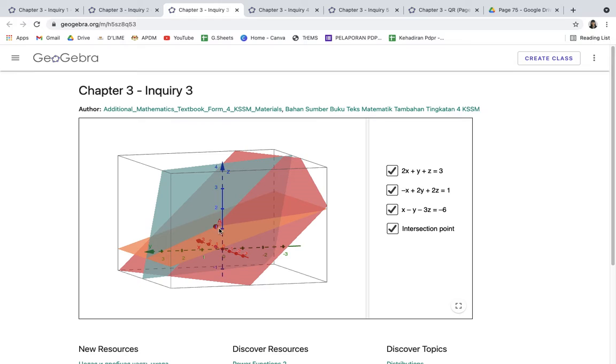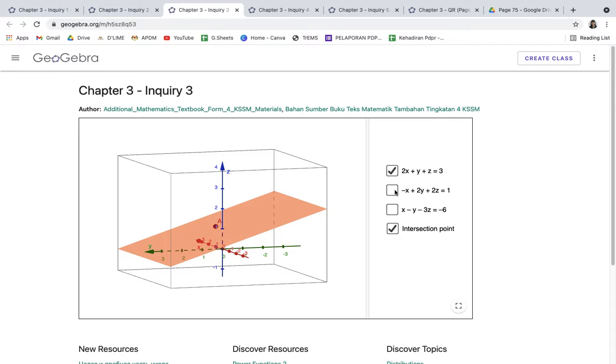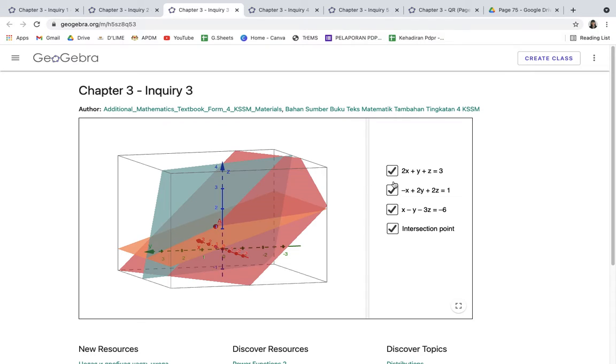So you see the point A, they intersect at this place. These 3 planes intersect at this place. Okay, for example, this one intersects here, and this one intersects here. So at point A the 3 planes intersect.